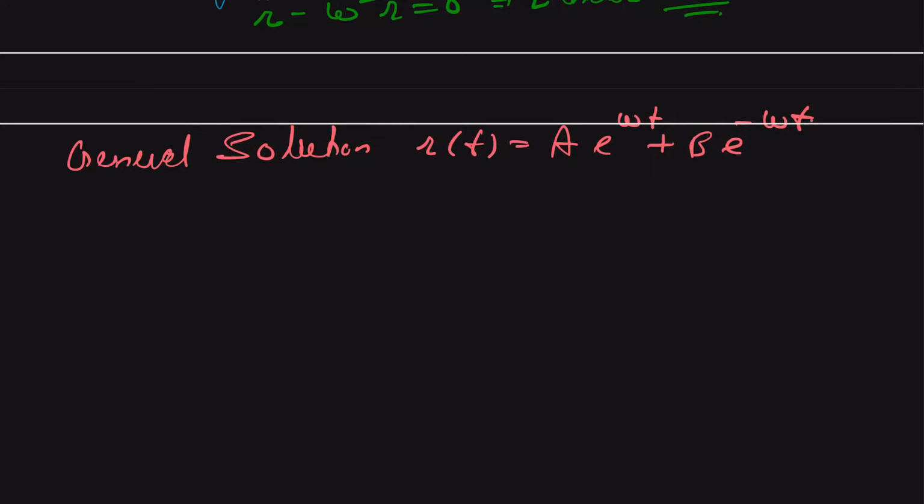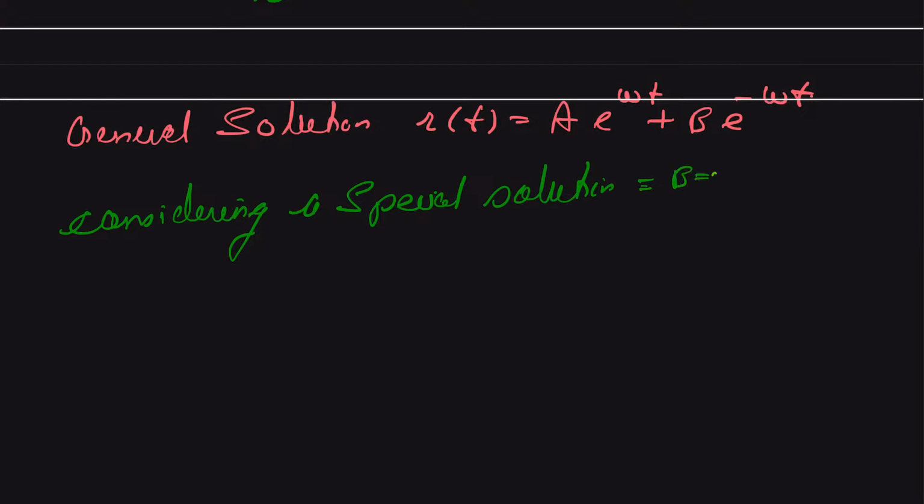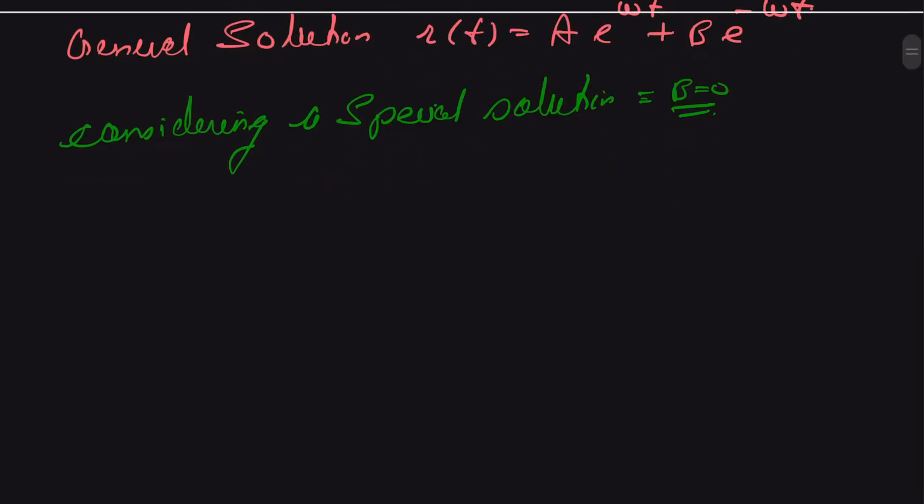And in this case, considering a special solution such that b is equal to 0, therefore we can write that r of t is equal to r naught e raised to power omega t.